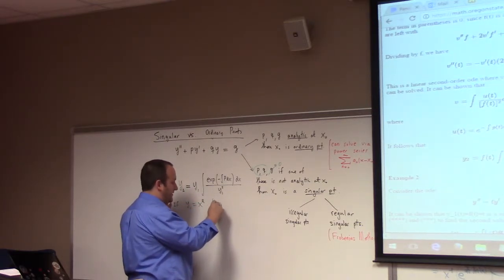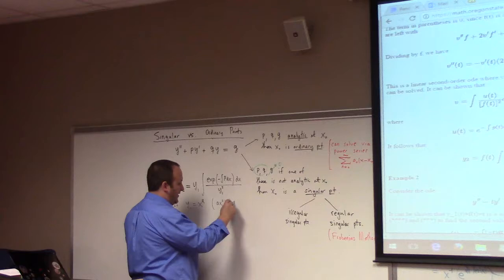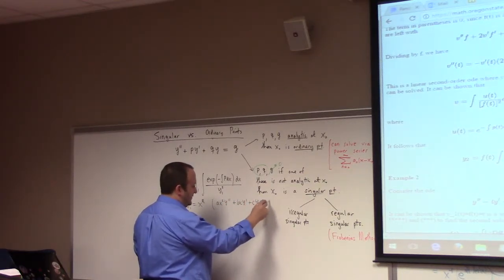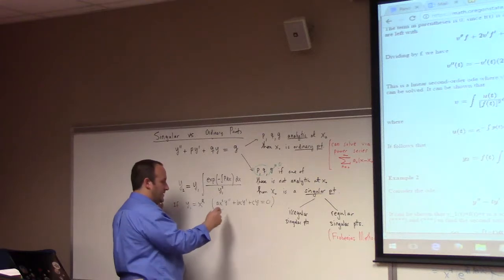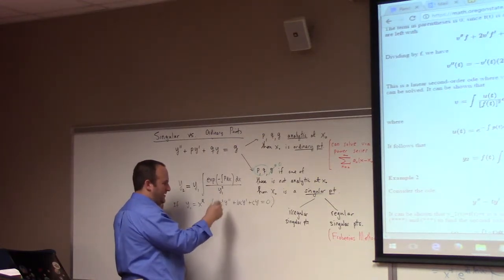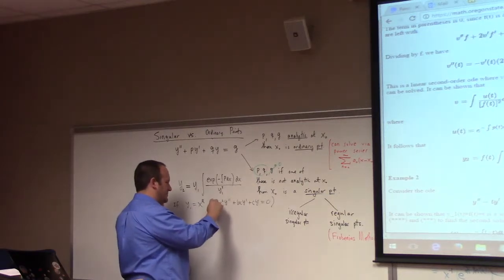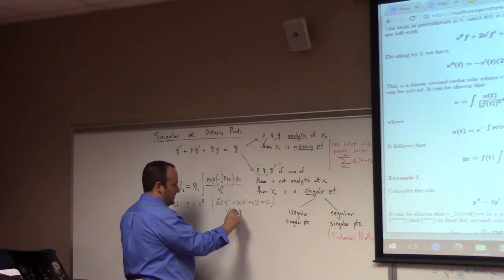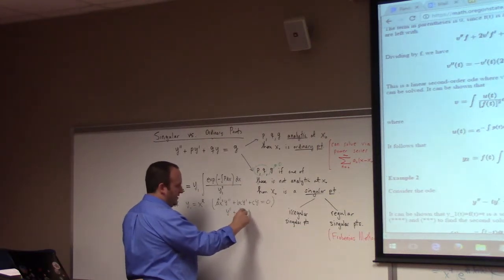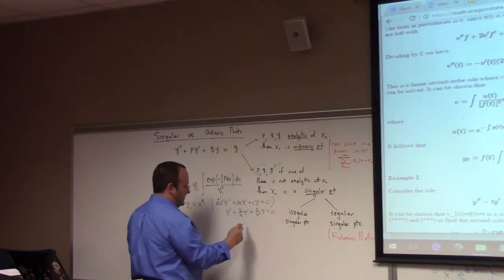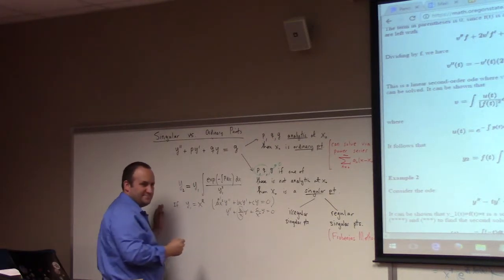We started with ax squared y prime prime plus bx y prime plus c y equal to 0, right? And that gives us, I think I can put a equal to 1 without loss of generality here. And so that gives me y prime prime plus b over x y prime plus c over x squared y equal to 0. So this is my p.